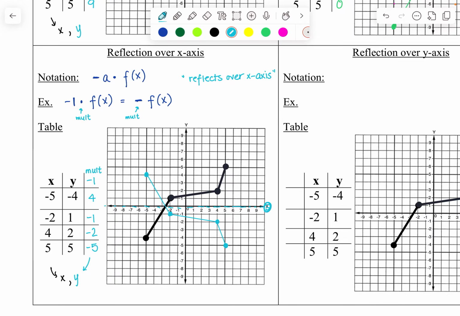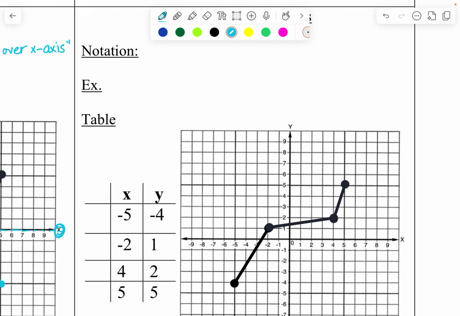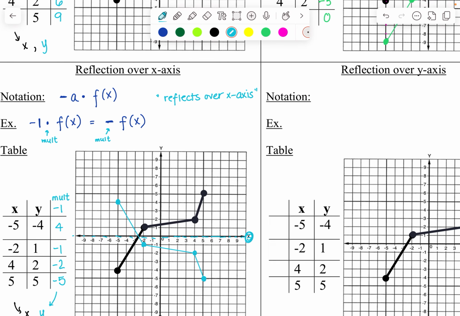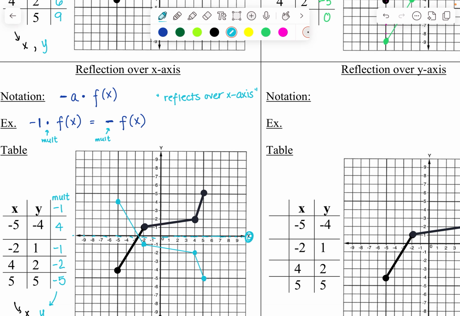Now let's talk about reflection over the y-axis. Note the notation, how it varies, how it's different from reflection over x-axis. So your notation here is going to be f of -a times x. Notice how it's on the inside. This is happening to x.